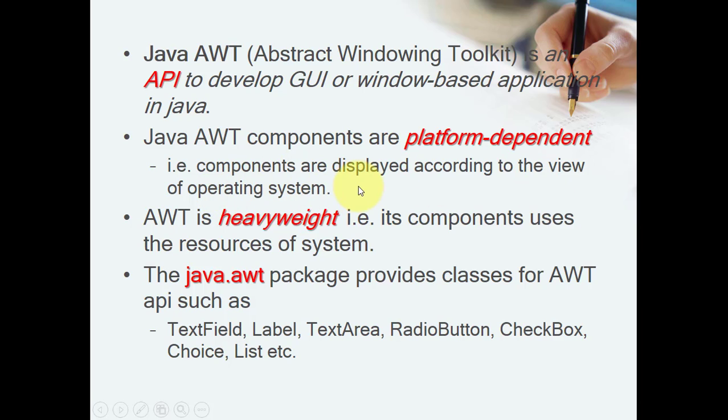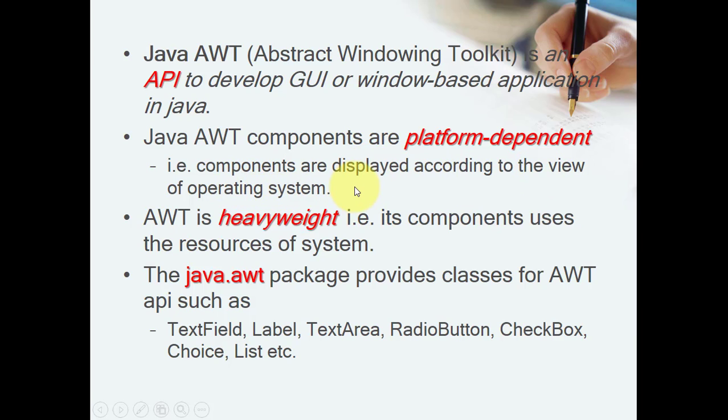This is very important. So whatever the AWT APIs are available, if you are creating the graphical user interface using AWT, in that case, the look and feel which will appear on your screen for your window or your frame is platform dependent, and whatever components you created, a button, text boxes, etc., these components will be displayed according to the view of the operating system.